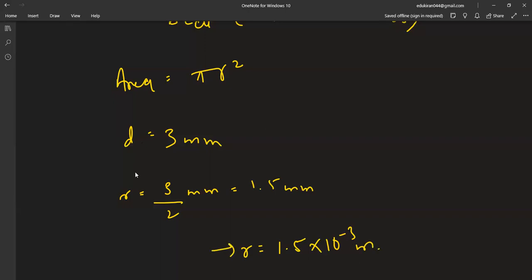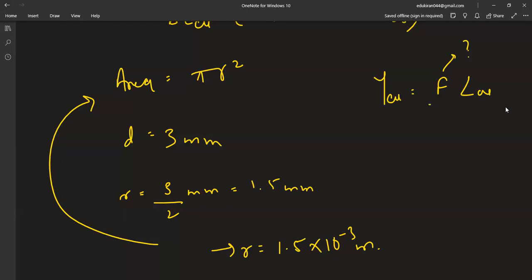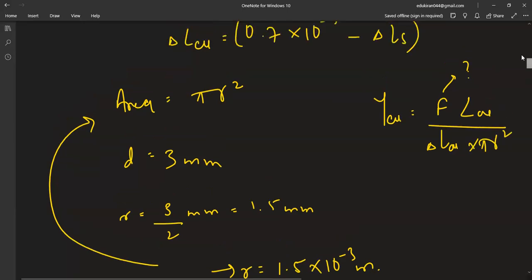Substitute this and get the value of area. Once you have area, use any formula. Let's use copper. Length of copper is already given as 2.2, delta L_Cu you will calculate from the equation, and area will be pi r squared. Like this, you get the value of force.